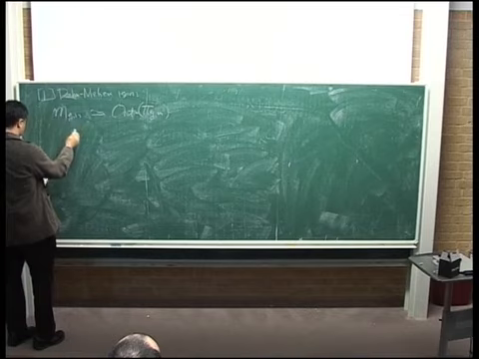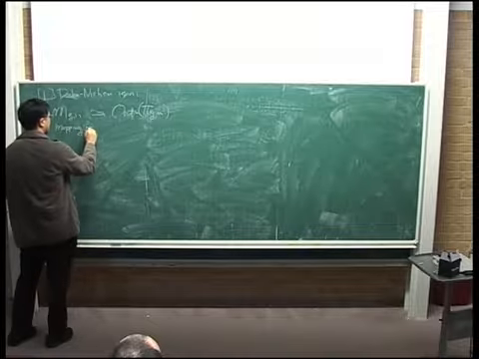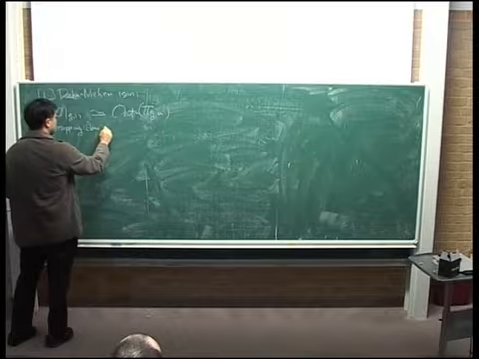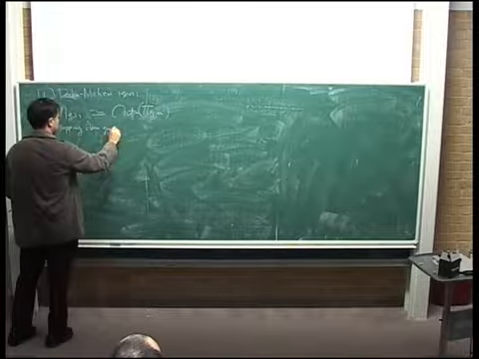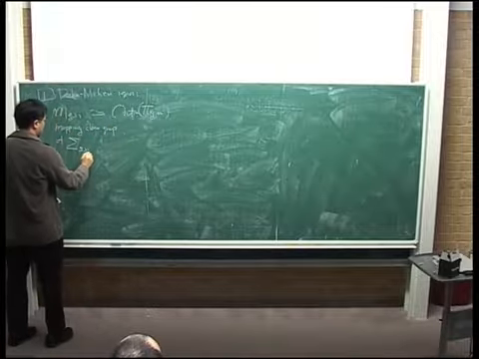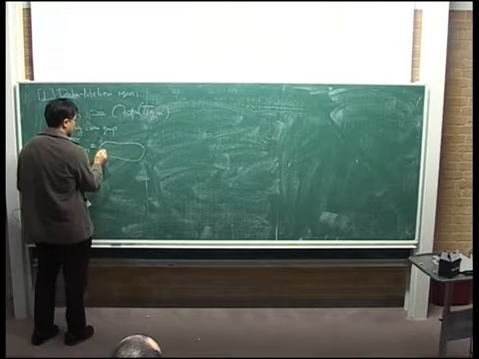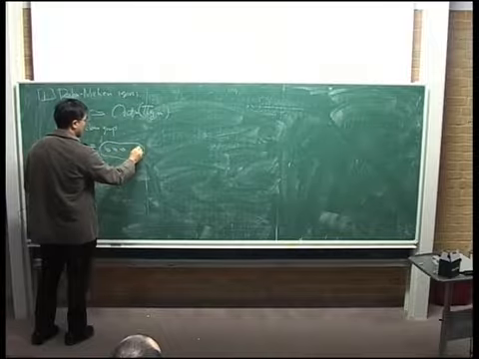I don't want to define the mapping class group here, but g and n mean the surface of genus g and n punctures.